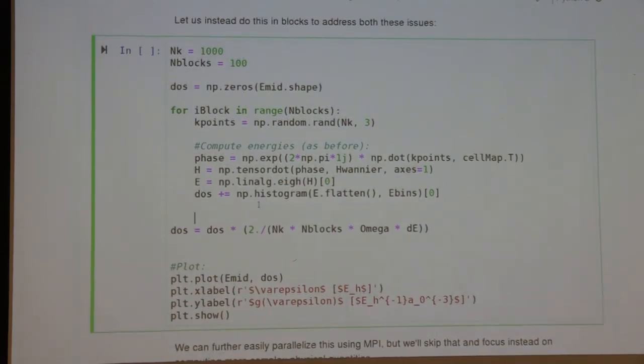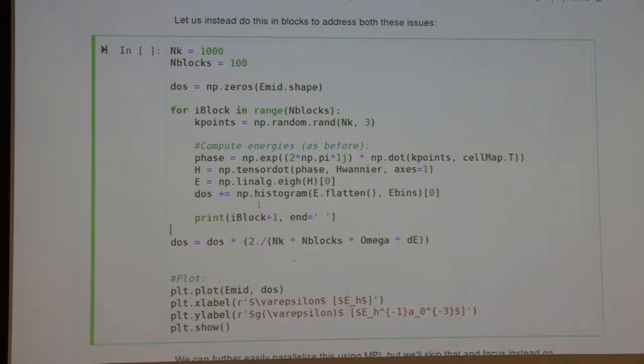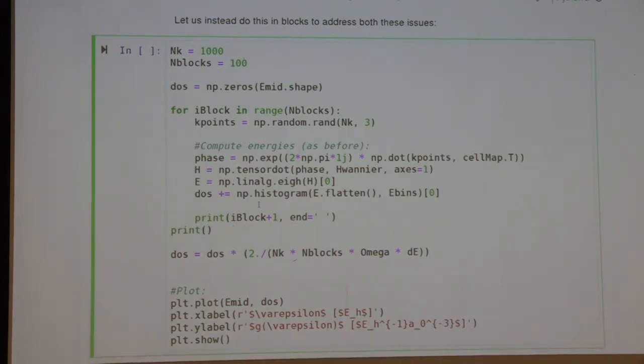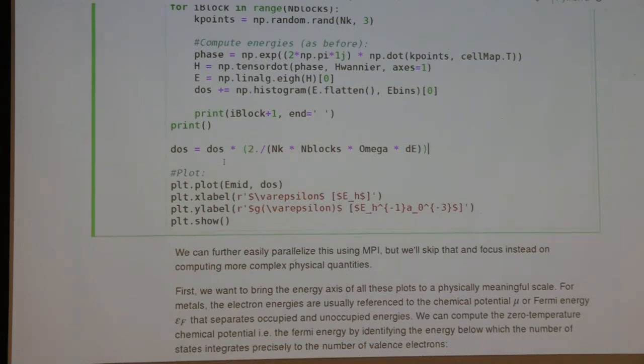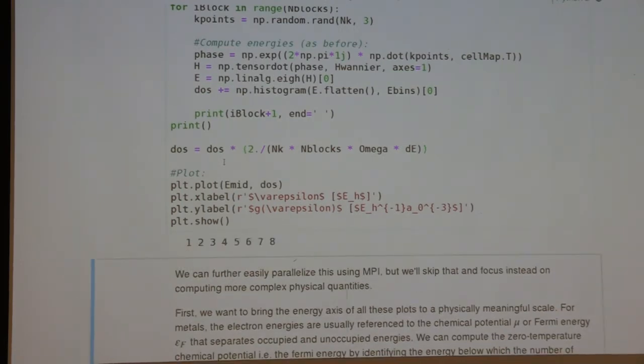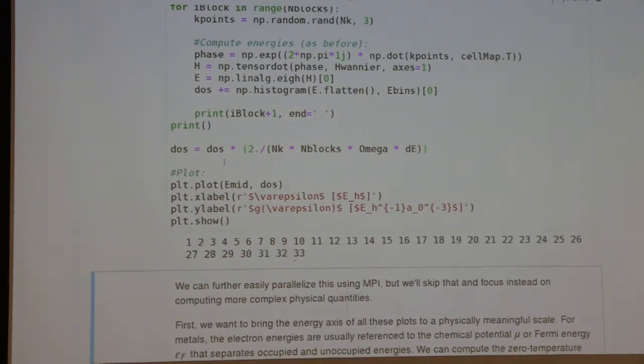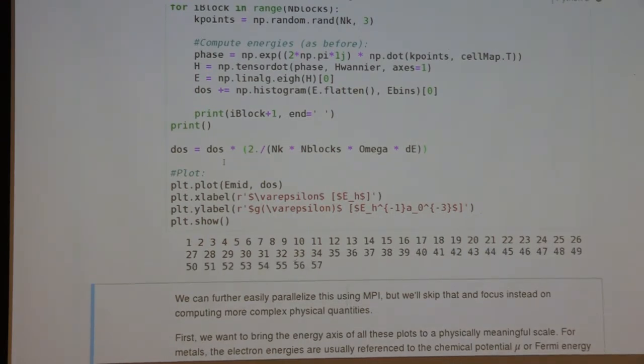And to address the second minor point of knowing how far this has gone, I'll print the block number I'm currently at, so that it'll give me progress, right? So then at least I have some patience in waiting, since I know how long it's going to take.